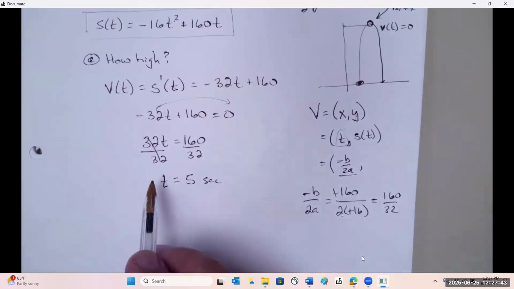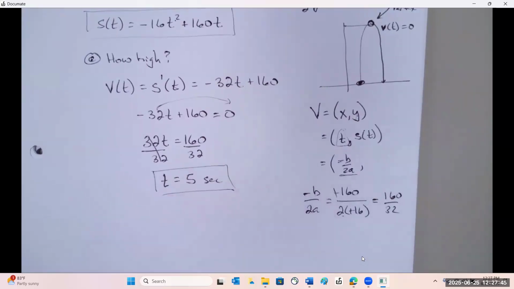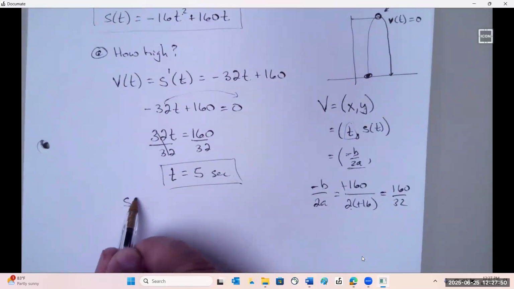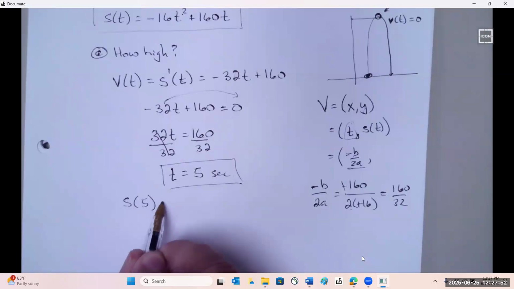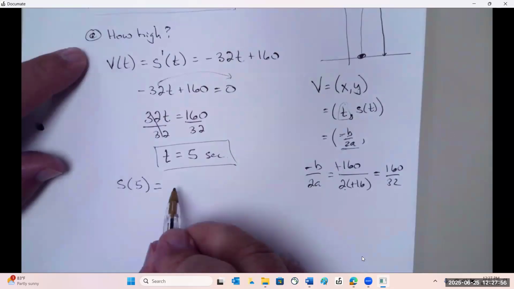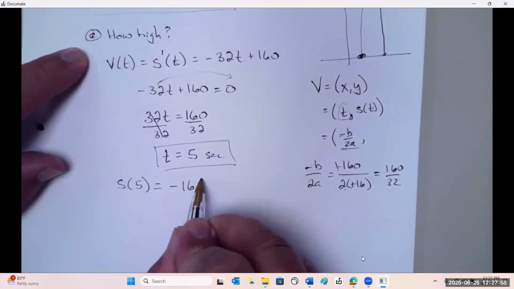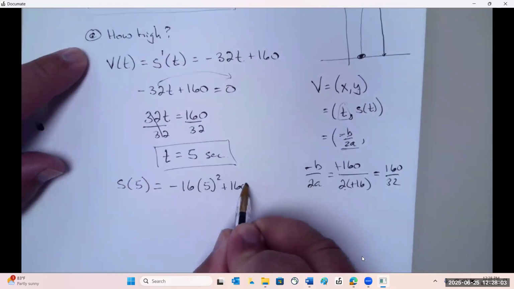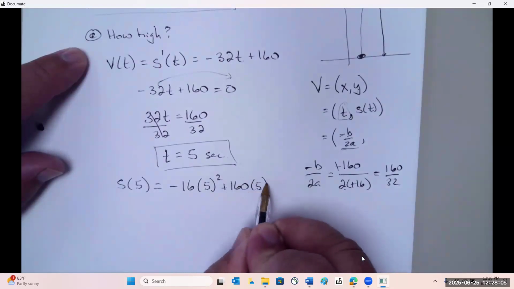So we know it takes 5 seconds to reach the highest point. So the highest point occurs at 5 seconds. So we have negative 16 times 5 squared plus 160 times 5.